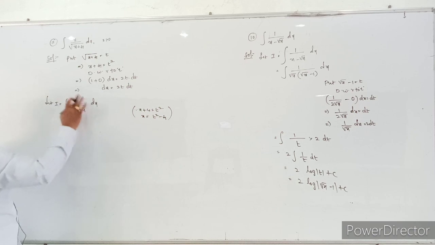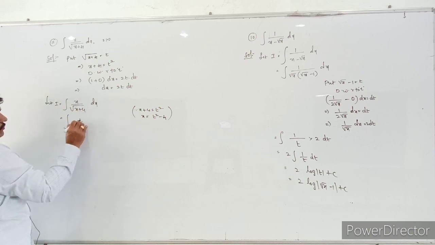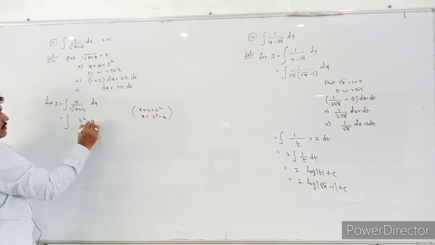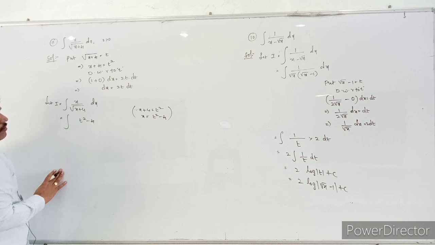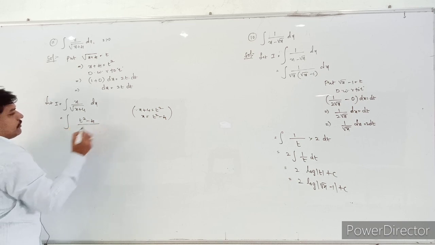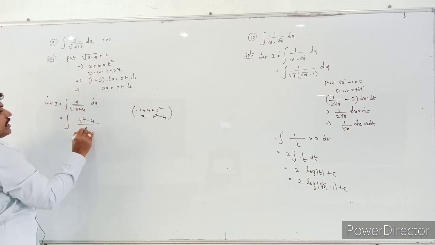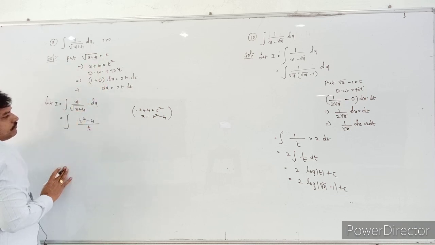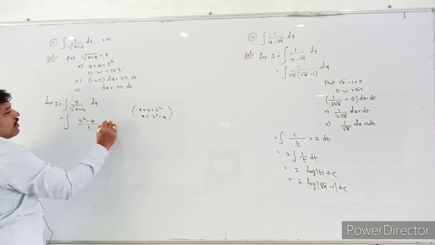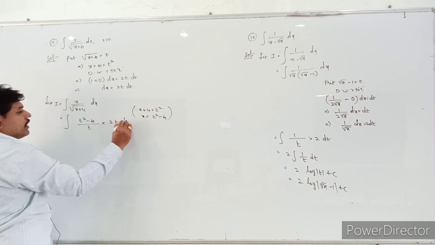So the numerator you can write as t square minus 4, by root of x plus 4. Root of x plus 4 value is t, into dx value is 2t into dt.